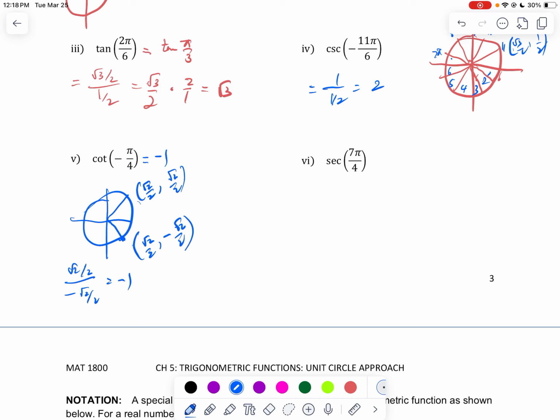Next is secant of 7 pi over 4. So how many pi over 4s do we have in the whole circle? We divide each quadrant into half, starting in the positive direction. 1, 2, 3, 4, 5, 6, 7, and 8. So we have 8 pi over 4s in here, but we have to land at 7 pi over 4, which means we are landing here.